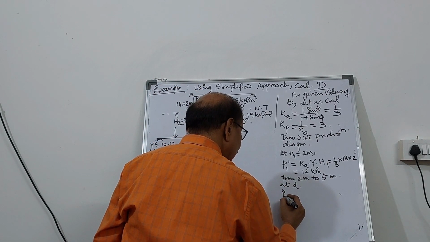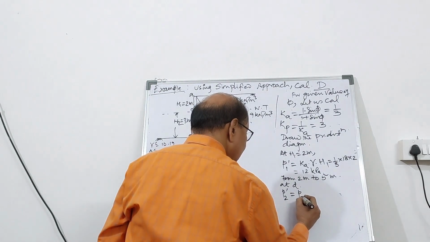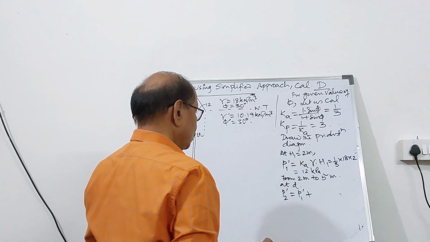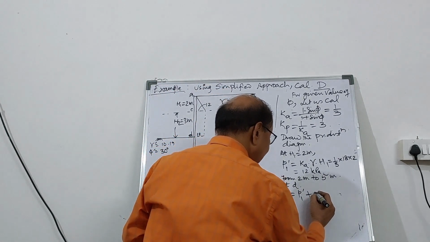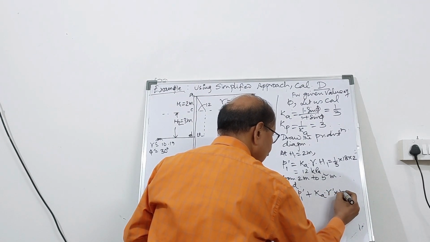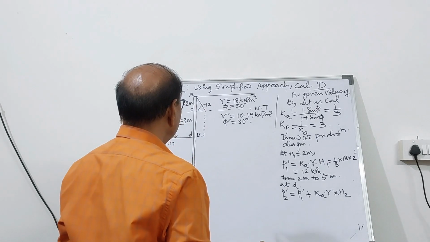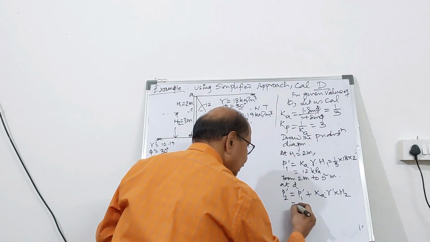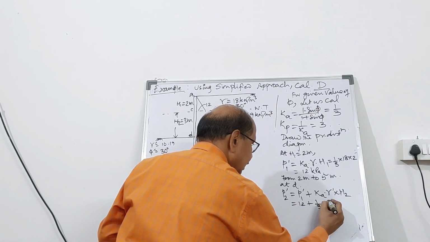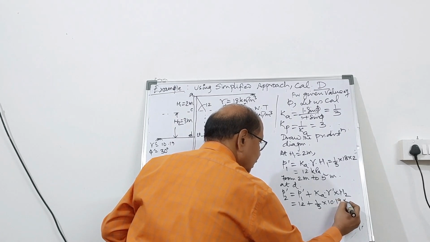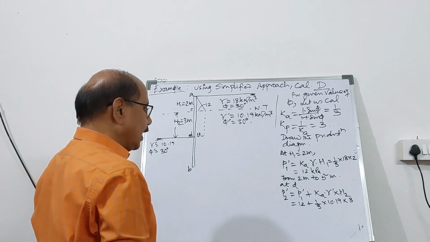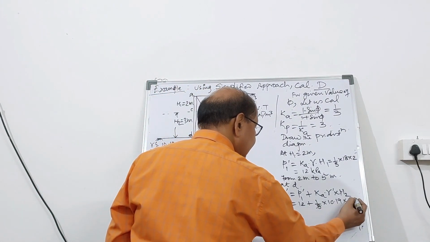P1 prime, so P2 prime will be P1 prime 12 plus. It is now going to be K into gamma prime into H2. So therefore, it is going to be 12 plus 1 by 3 into 10.19 multiplied by 3. So you can calculate it.